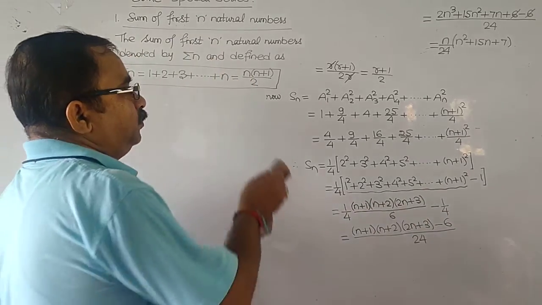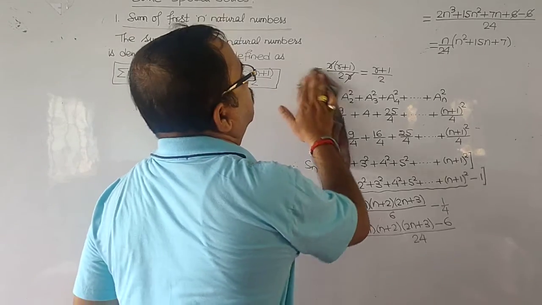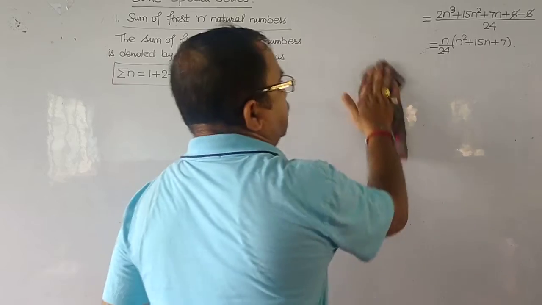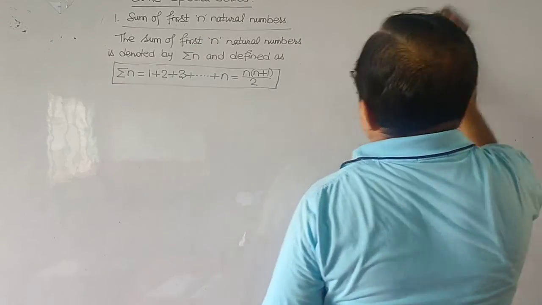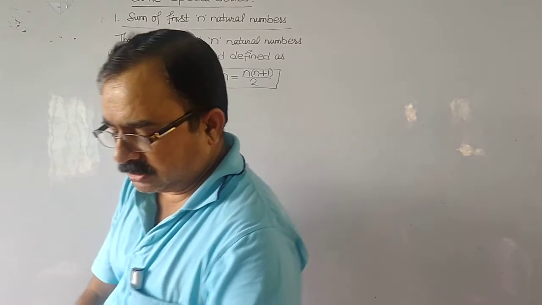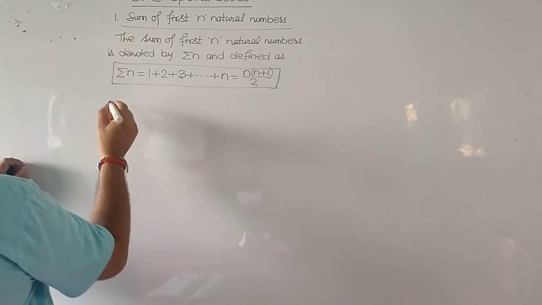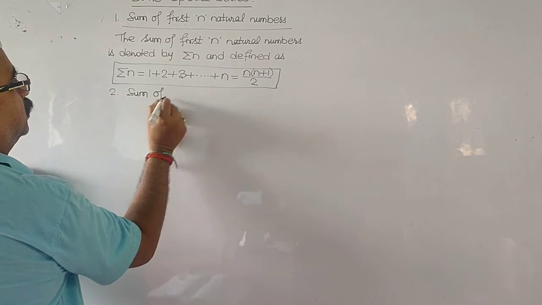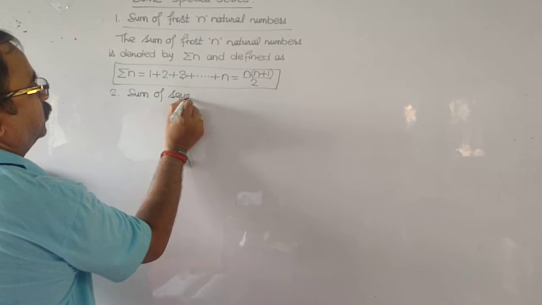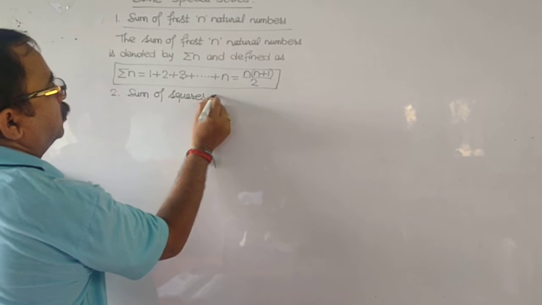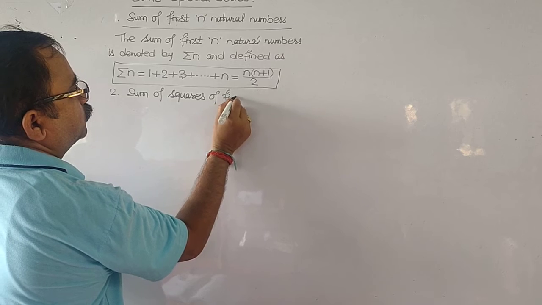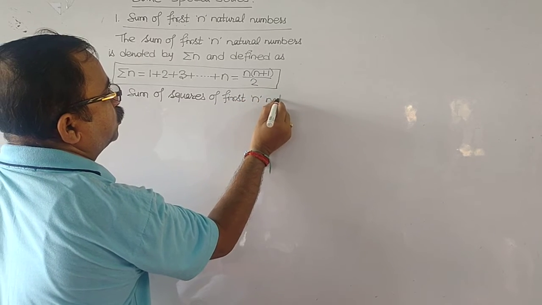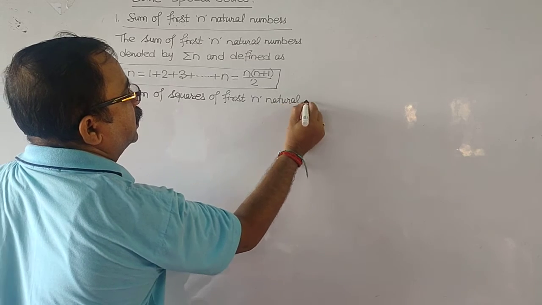So moving ahead, second is sum of squares of first n natural numbers.